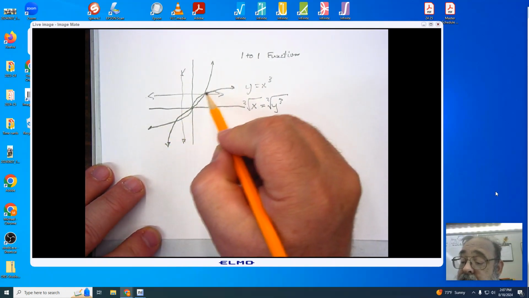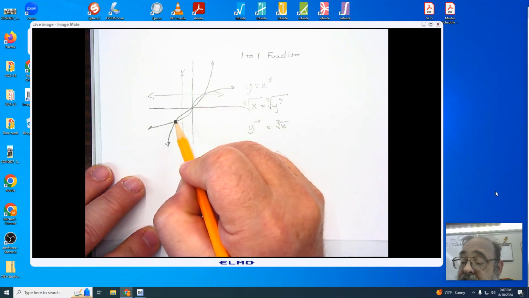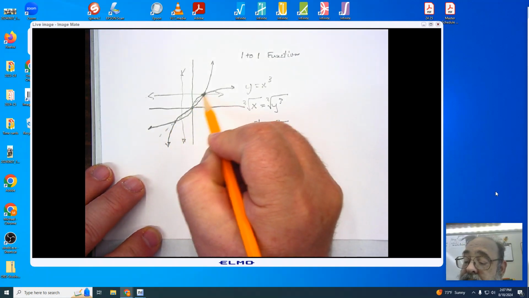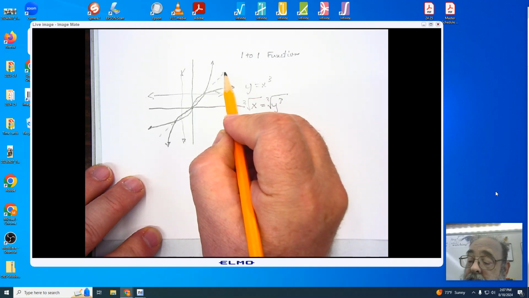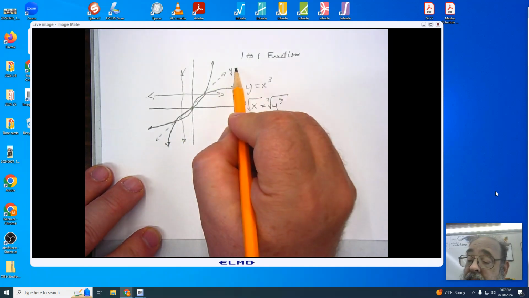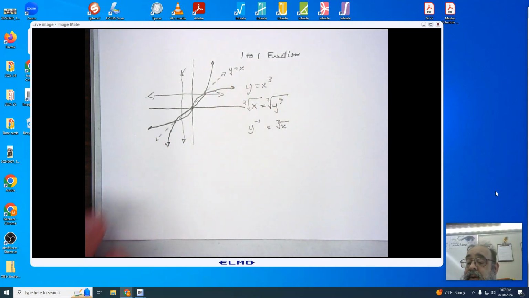Now you'll notice it has 2 points that intersect both of these curves. This is not for all functions, but some of them, and they sit on the y equals x axis. This is a 45-degree angle, and it is called the inverse axis, in case you're curious.